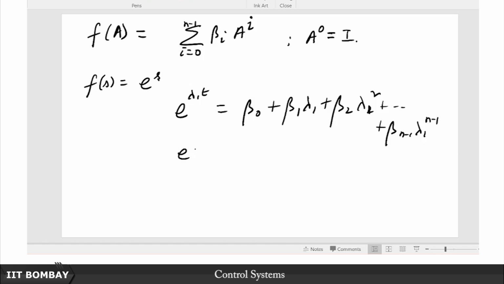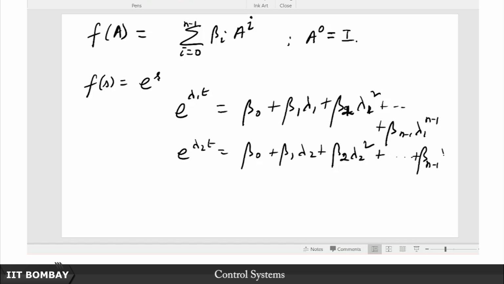Likewise I can write e to the lambda 2 t equal to beta 0 plus beta 1 lambda 2 plus beta 2 lambda 2 squared plus dot dot dot plus beta n minus 1 lambda 2 to the power n minus 1. Notice however that these betas have to be functions of time.